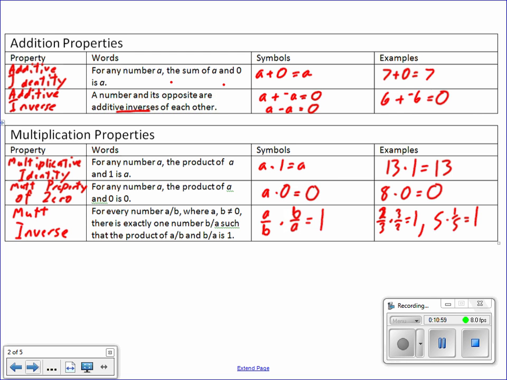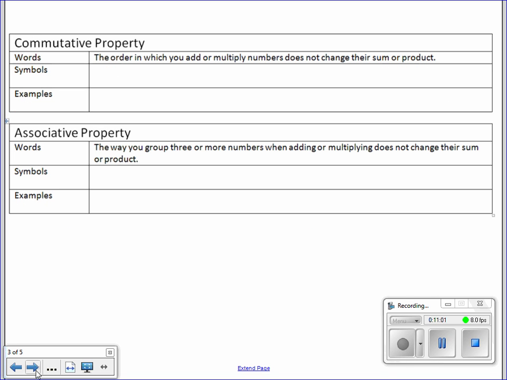We have 2 more properties: commutative and associative. These work with both multiplication and addition. The commutative property says the order in which you add and multiply numbers does not change their sum or product.